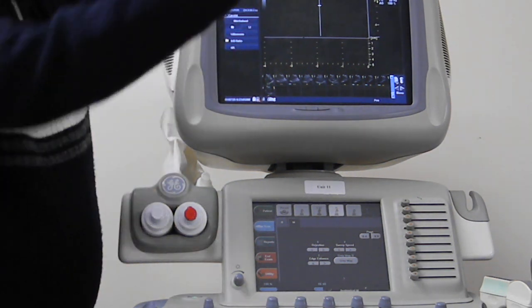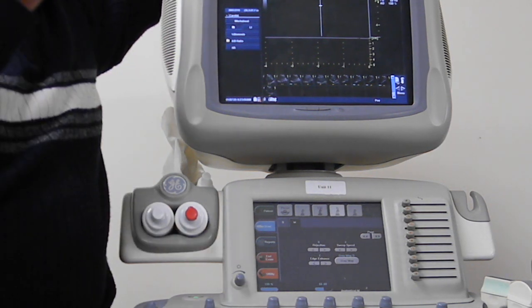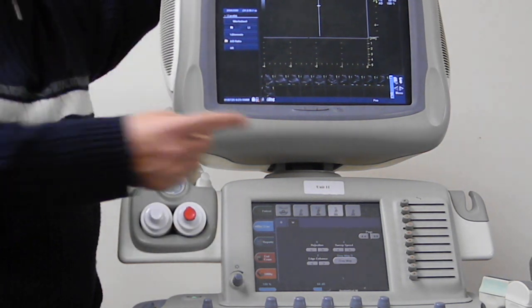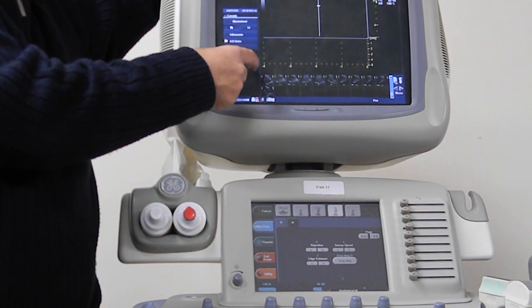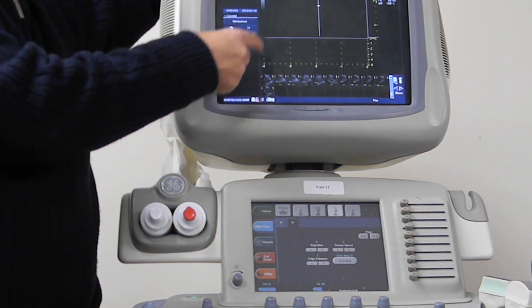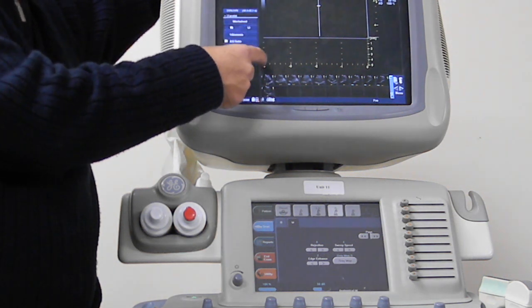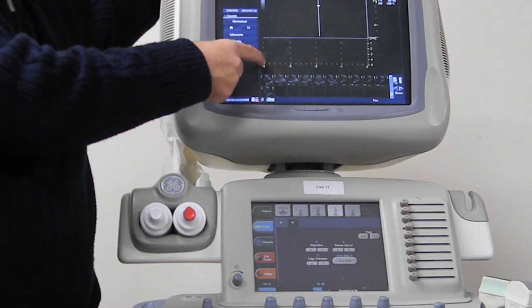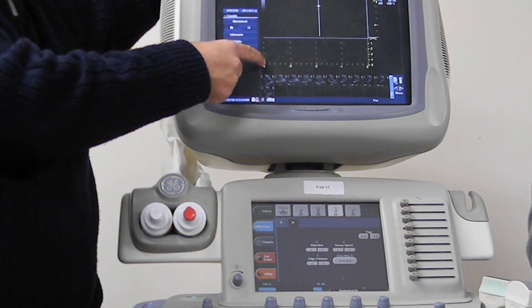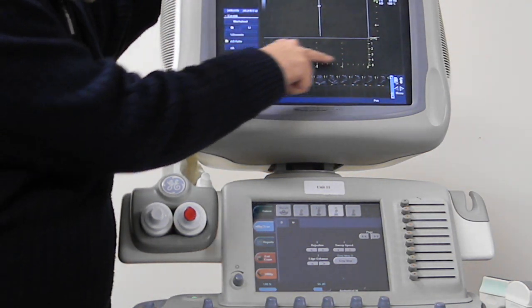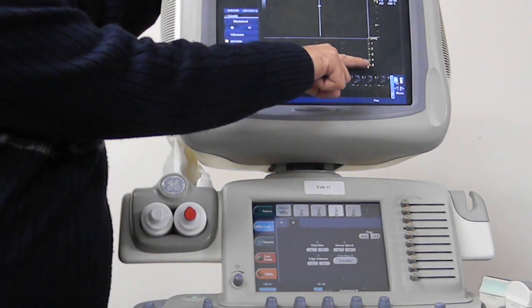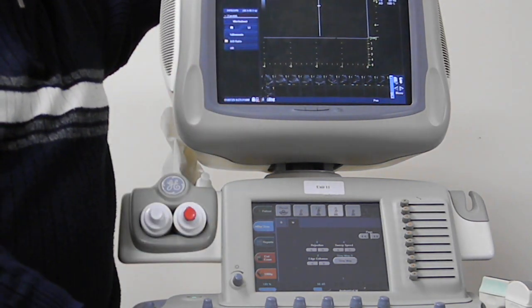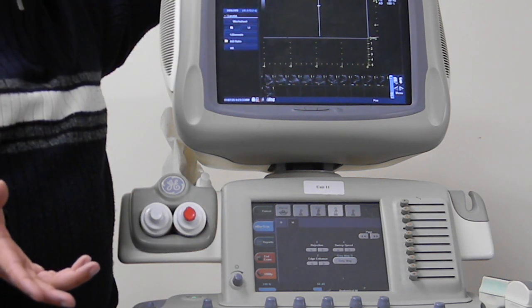When we start M mode, we said that we had two axes. We had the y-axis, which is the vertical axis, and it is going to represent depth. This axis is your x-axis, and in this case it represents time.